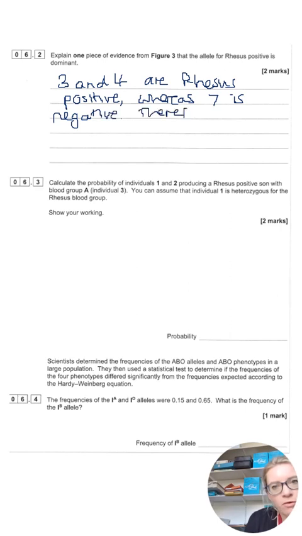Therefore, 3 and 4 must be heterozygous.